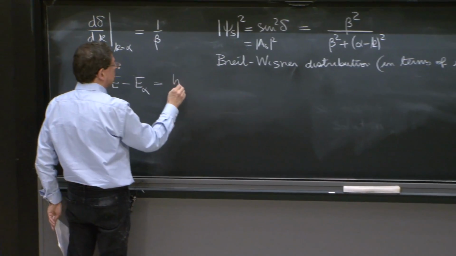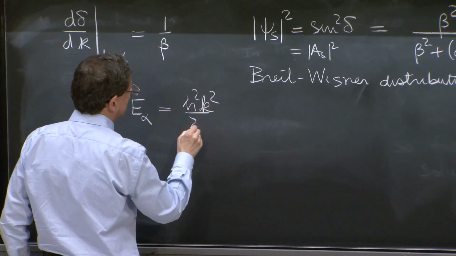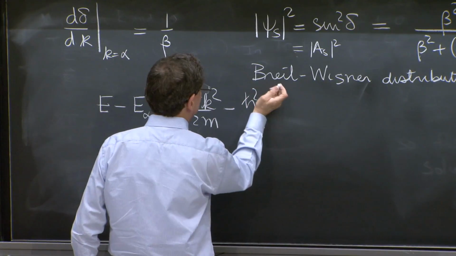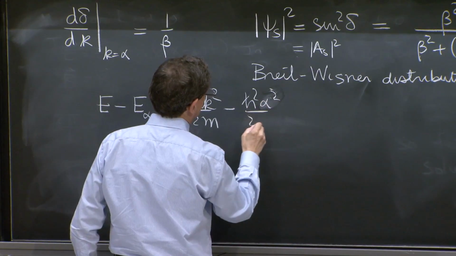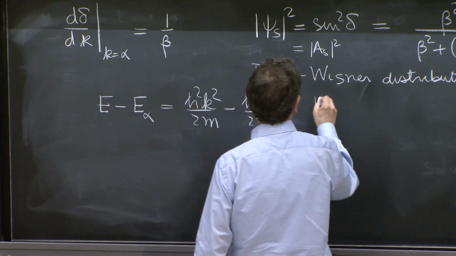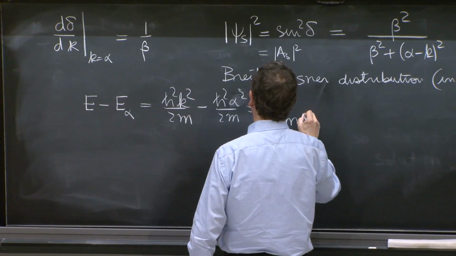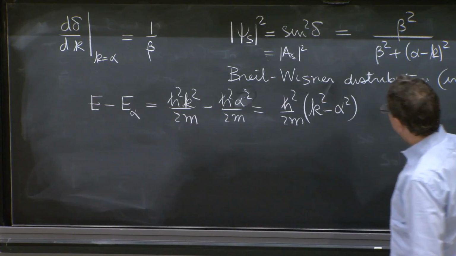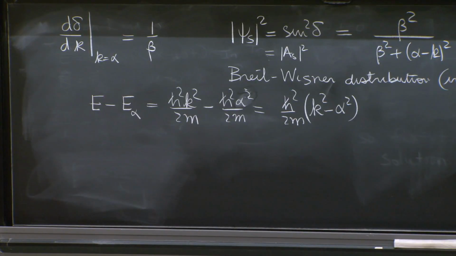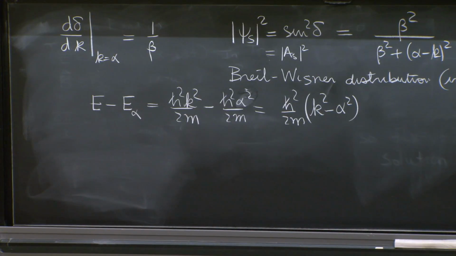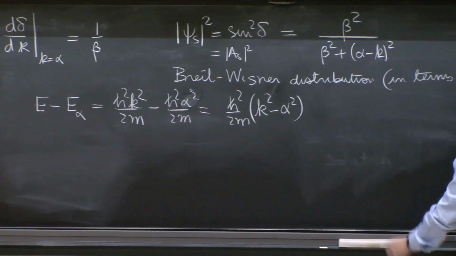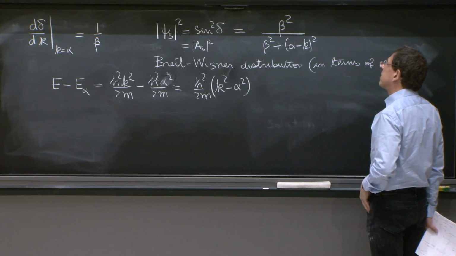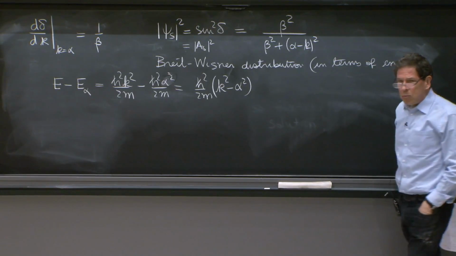Well, this is h squared k squared over 2m minus h squared alpha squared over 2m, which is h squared over 2m times k squared minus alpha squared. On the other hand, I have here alpha minus k squared. I don't have k squared minus alpha squared.